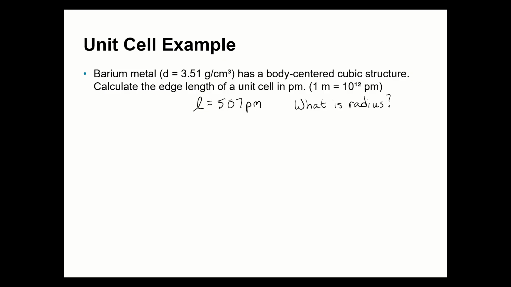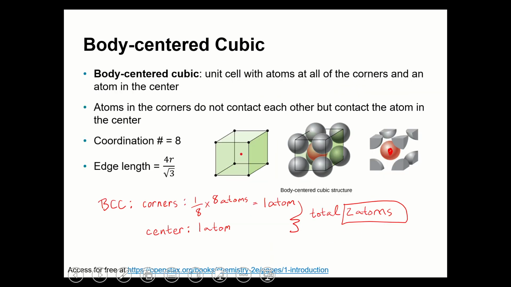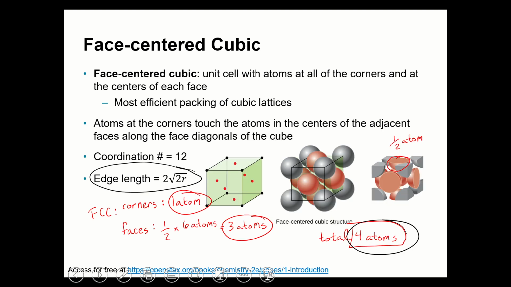Okay, so if you're ever asked to find the radius when you're given the edge length, remember that you've got to go back for a body-centered cubic structure and find the equation. So for body-centered cubic, remember that the edge length is equal to 4 times the radius divided by the square root of 3.